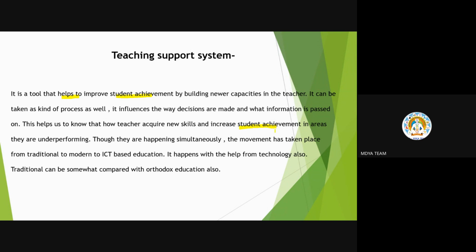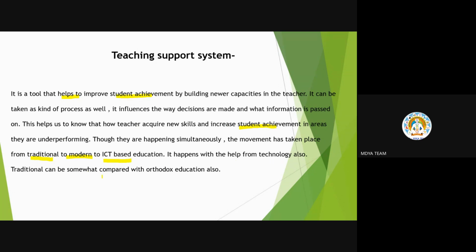So the support system will increase student achievement in the areas they are performing. Though they are happening simultaneously, the movement has been from traditional to modern. Like, the support systems were there in the traditional system itself, the modern system, as well as ICT based education. It happens with the help of technology also.